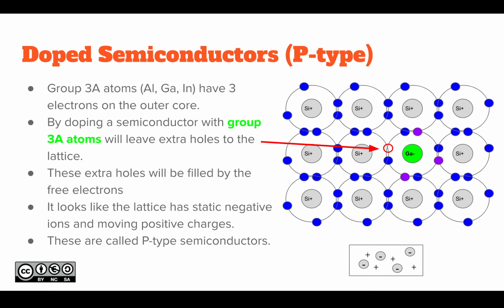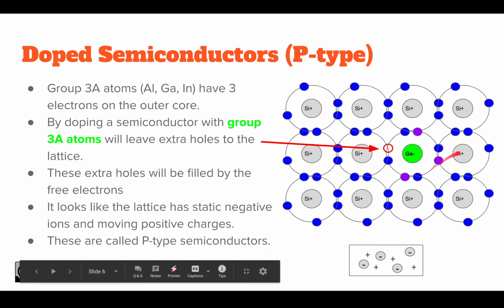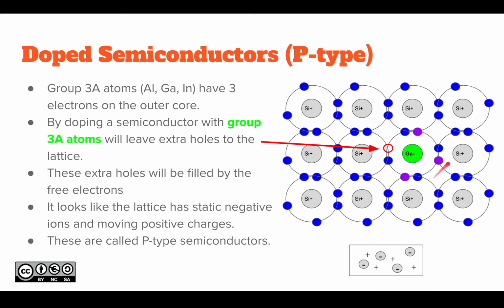If you dope silicon, for example, with this gallium atom, 3 of these electrons are bonded to the neighboring atoms, making the chemical bond, but then you have 1 extra vacancy, meaning a hole on the lattice.